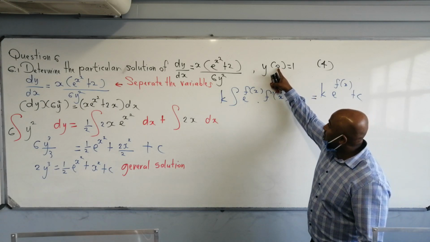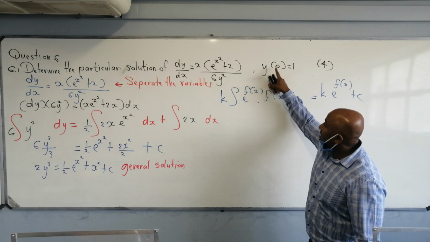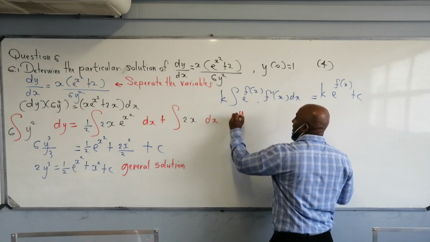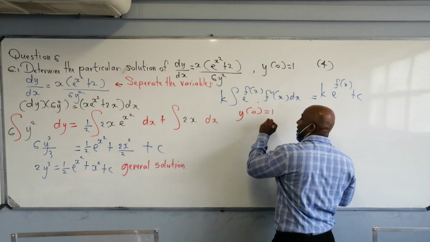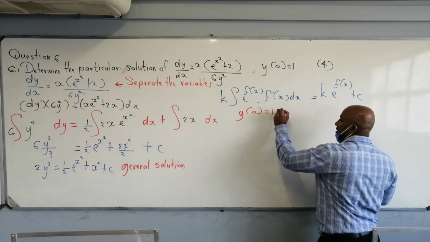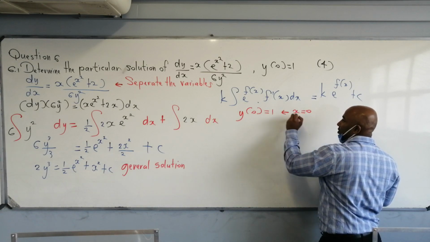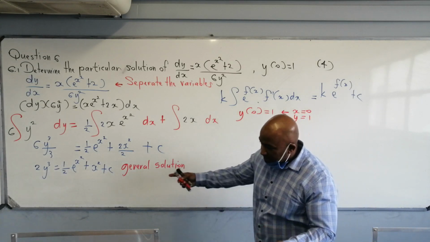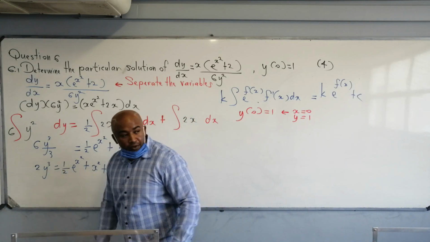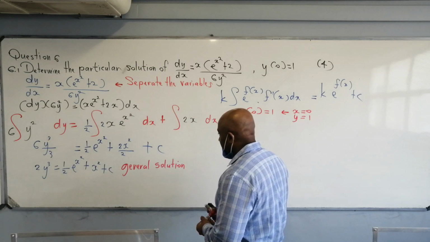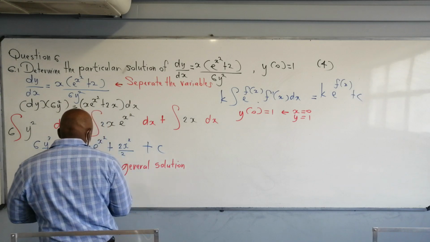When x is equal to 0, y is equal to 1. So you must understand that y of 0 equal to 1 means that when x is equal to 0, y is equal to 1. So what we're going to do is simply go back, replace y with 1 and x with 0. So let's do the substitution now.